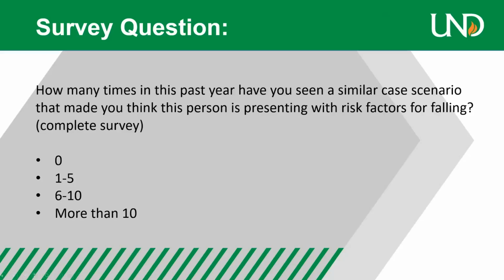How many of you have seen typical scenarios like this? Or you can type in the chat box. Yes, I see thumbs up. There's a reaction tab on the bottom, and you can give me a thumbs up if you have seen a similar case scenario where you recognize many fall risk factors. Okay, thank you for sharing. So a few of you.